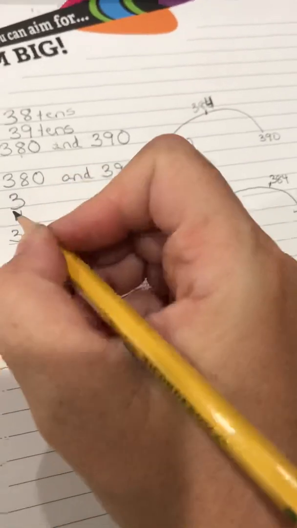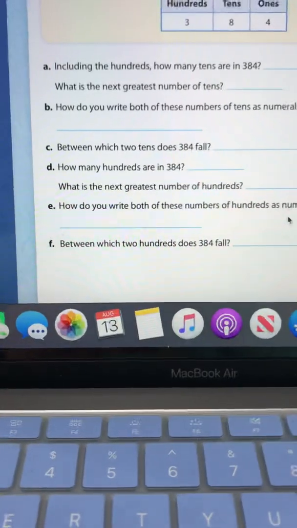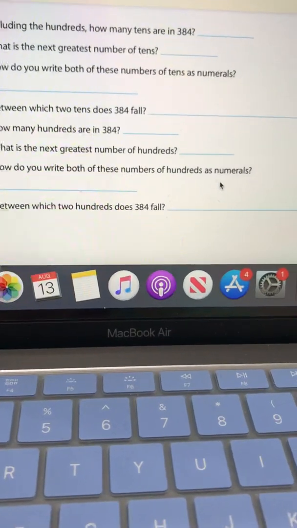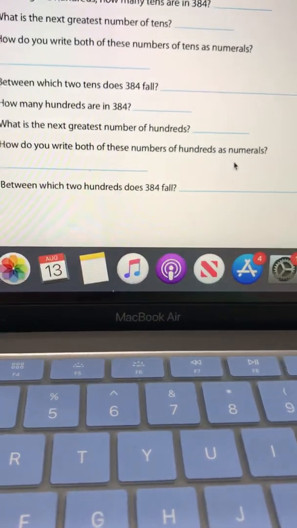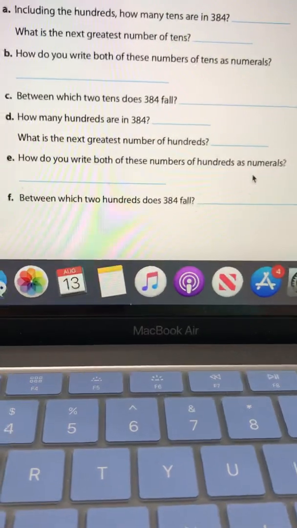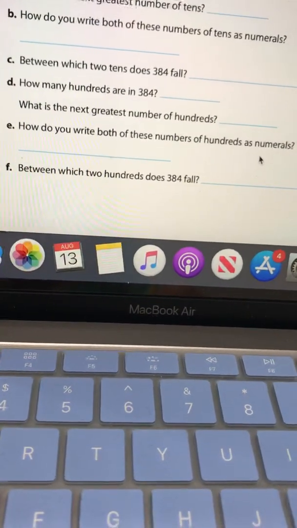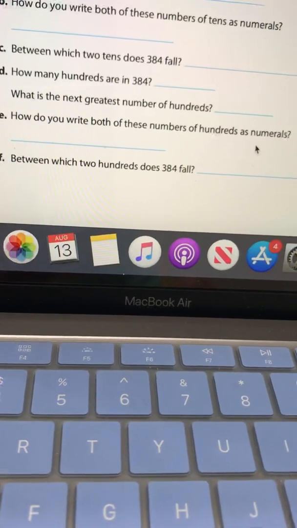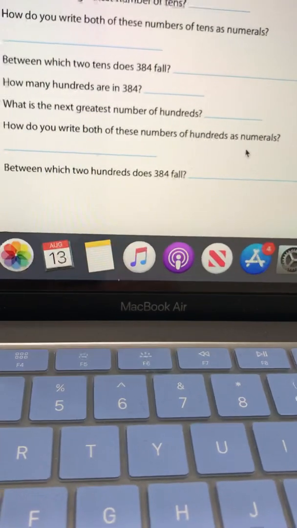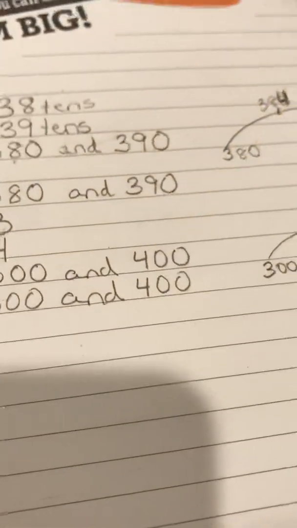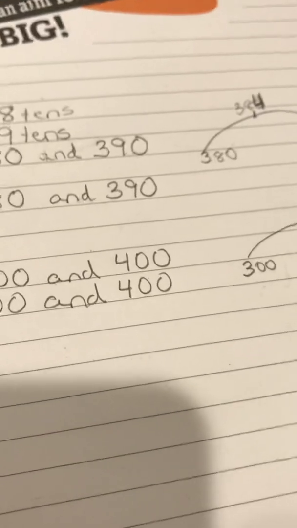All right, last question on page 70. Letter F. Between which two hundreds does 384 fall? Well, we just put that on our roller coaster. What were those two hundreds? 300 and 400. So in letter F, we're going to have 300 again and 400 again.